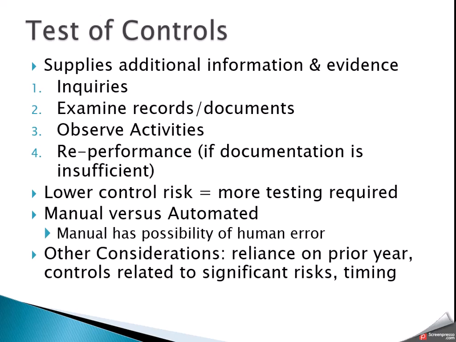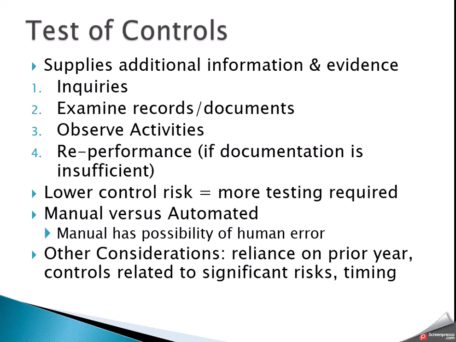If they have a reliance on the prior years and they feel comfortable that those automated controls are in place and that there's IT controls and they've already tested a lot of those, then maybe they don't have to test everything this year. They may test things more on a rotating basis. Again, assuming there's no changes. If there were changes being made, then they would have to test those.